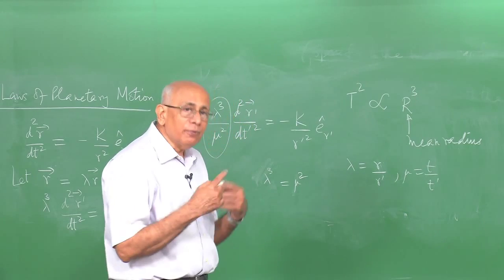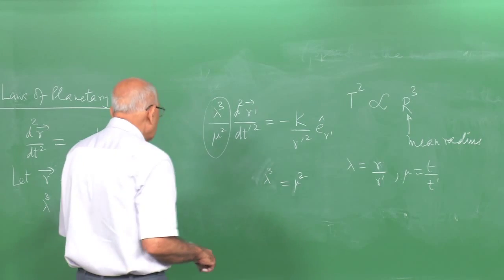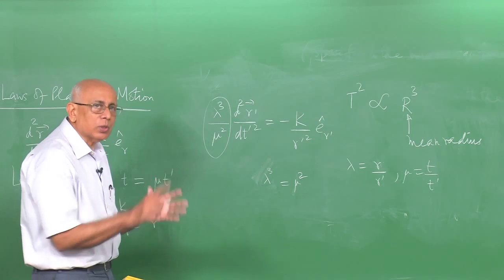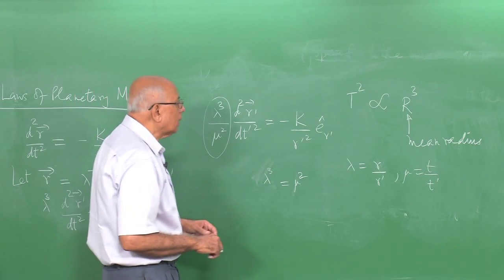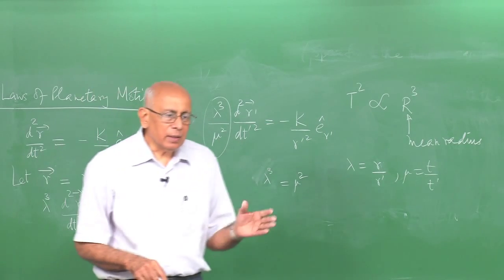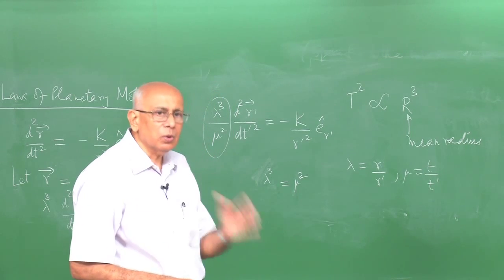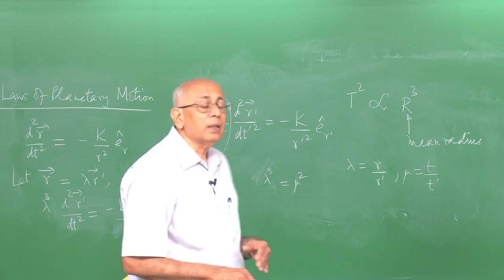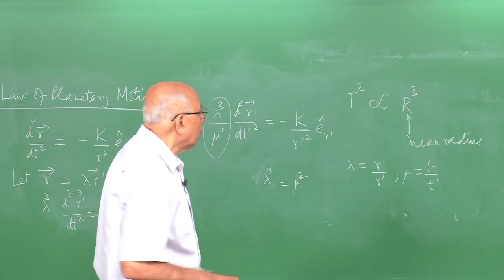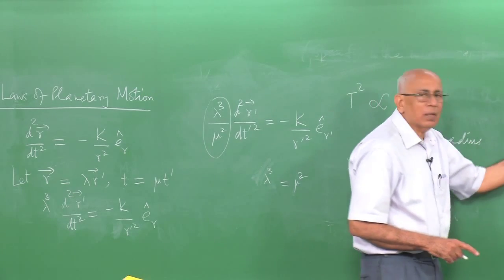All this argument says is, if there is motion supported by the 1 over r squared potential, with a closed orbit with a time period t1 and a mean radius r1, then the same potential is also going to support another orbit with time period t2 and mean radius r2, and you're guaranteed that t1 over t2 squared is r1 over r2 cubed.